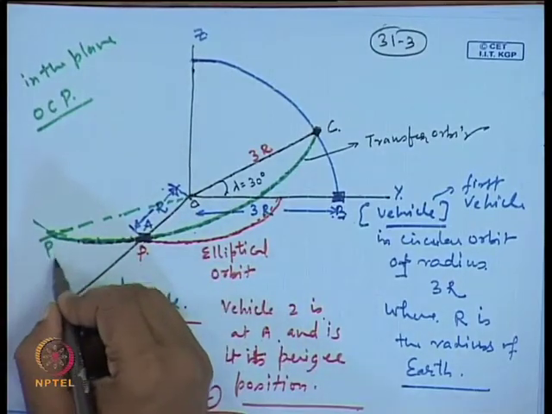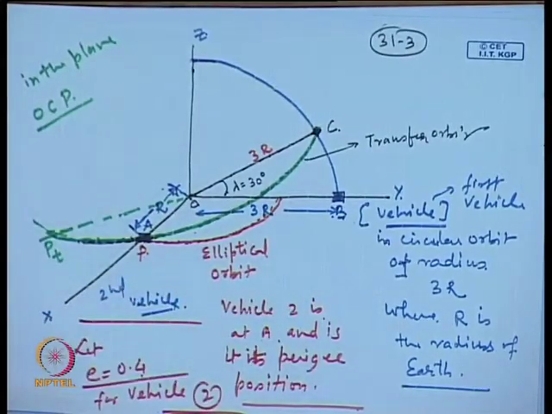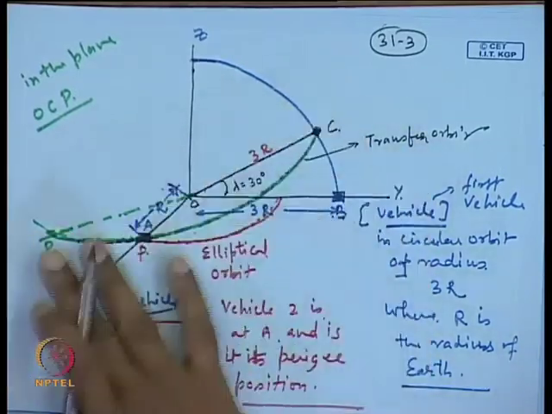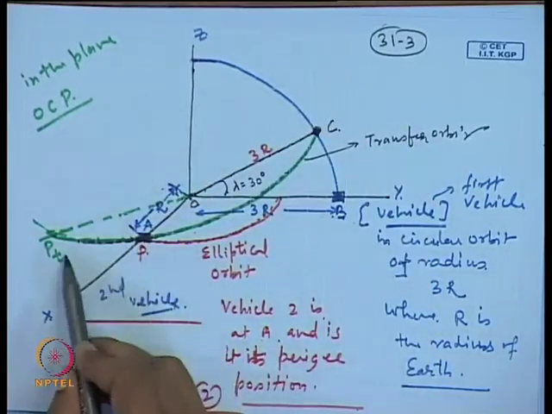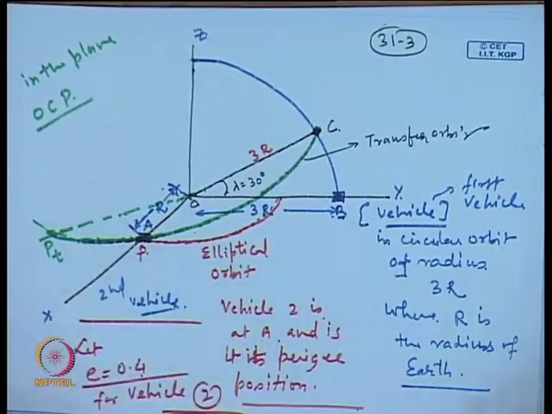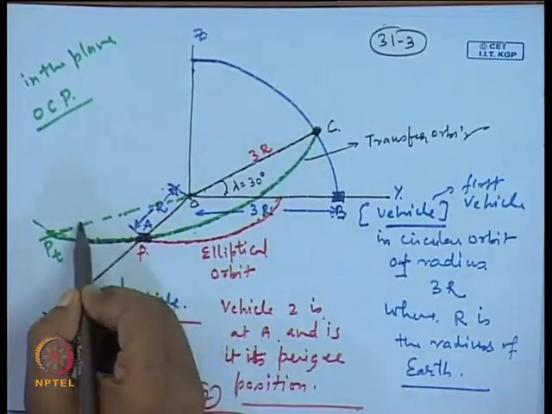So, this we show as PT, which is the perigee position for this. Obviously, this whole thing is coplanar, but here it is not appearing this way. It is not very possible to show this 3-dimensional thing.